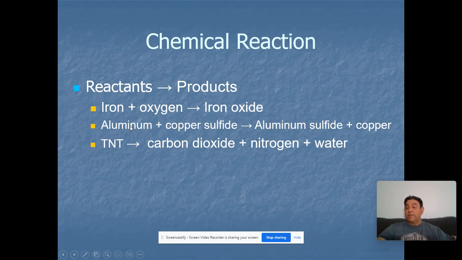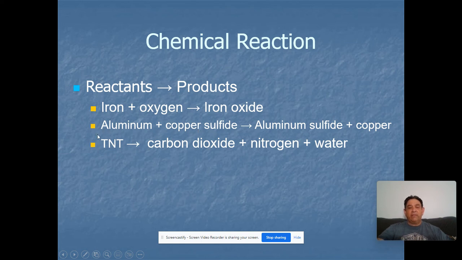If I take the grams of aluminum that reacted, remember this is only the grams that reacted, and add it to the grams of copper sulfide that reacted, I should get that equal to the grams of aluminum sulfide and the grams of copper that reacted. So the grams of the aluminum sulfide plus the grams of copper should equal the grams of aluminum plus copper sulfide.